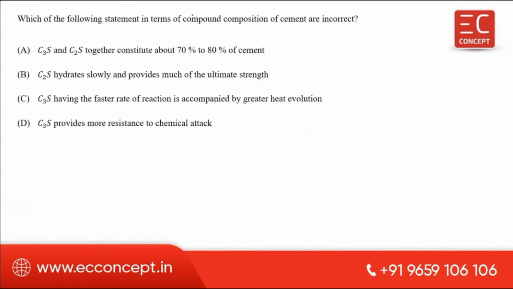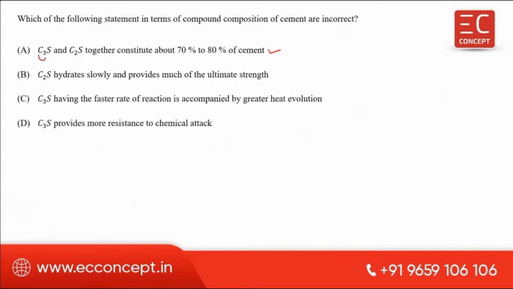Which one of the following statements in terms of composition of cement is incorrect? See, tricalcium silicate and dicalcium silicate together constitute 70 to 80 percent of cement. This is the correct statement.